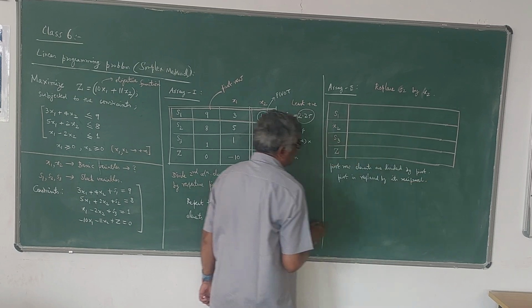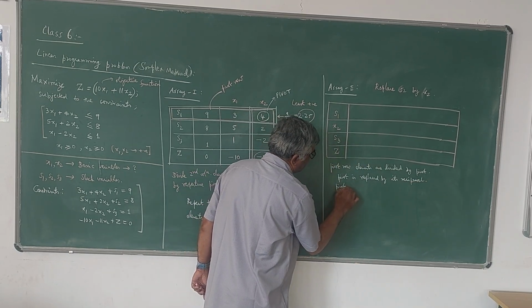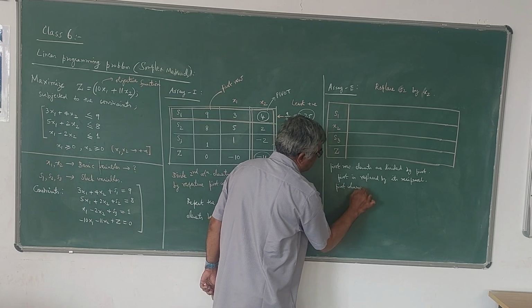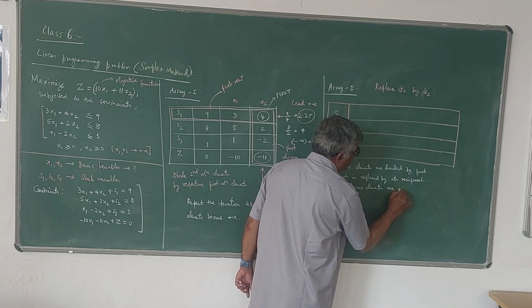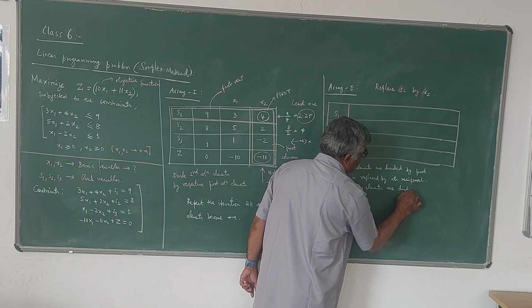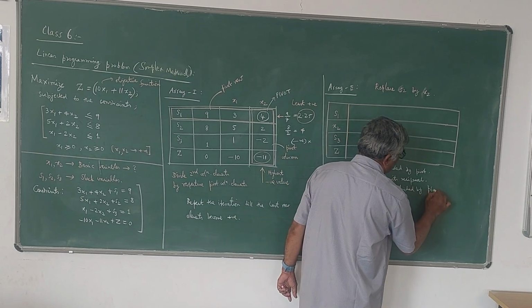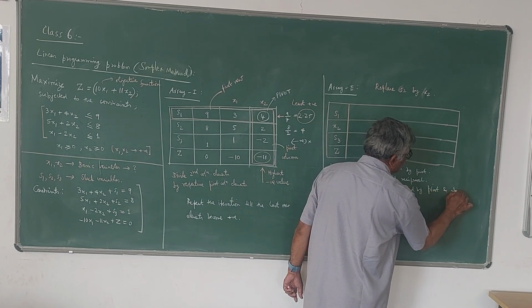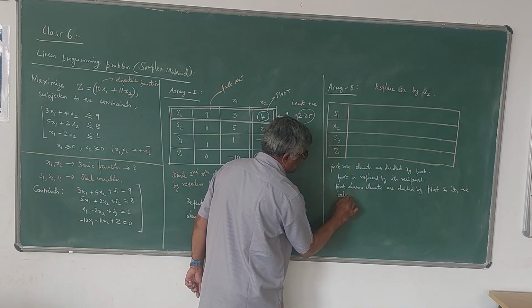Next, the third important one: whatever the pivot column elements are, they are divided by the pivot and its negative value is returned.